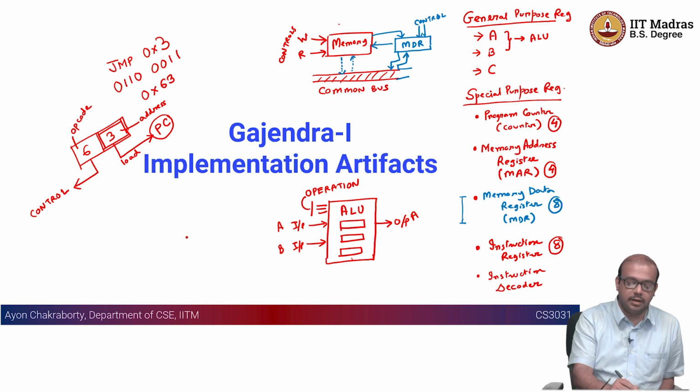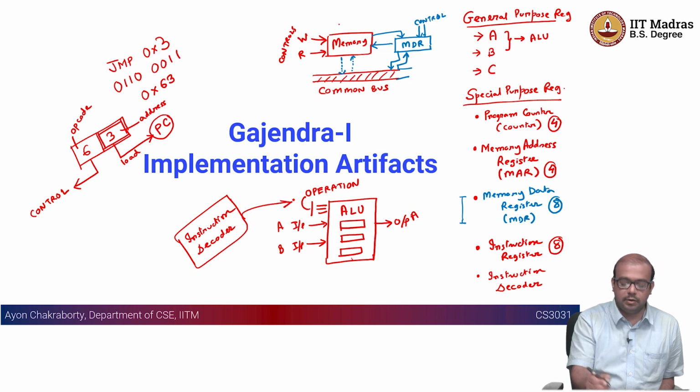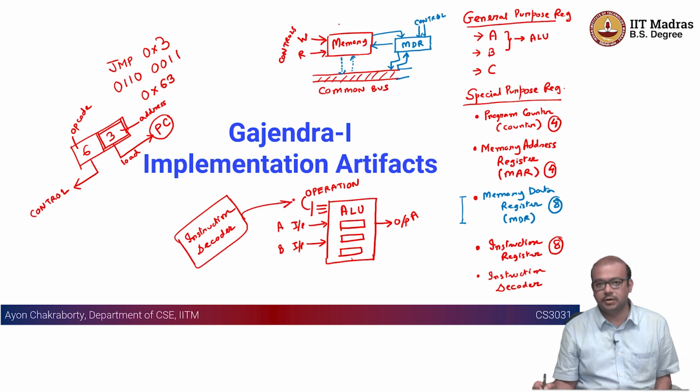So something from the instruction decoder could be fed in here to indicate what operation is going to be executed. Let's say, in our case, the ALU does subtraction or addition.